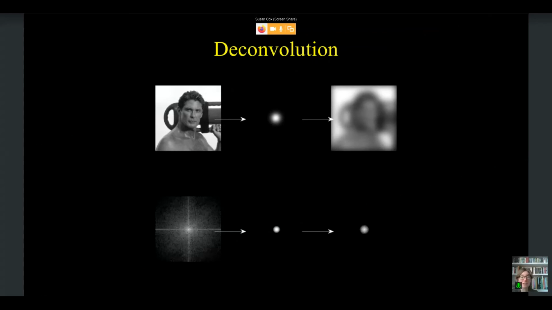So in Fourier space on the bottom row, I'm taking the Fourier transform of David Hasselhoff and multiplying it by the Fourier transform of the point spread function. What I get out, which is the 2 images on the right-hand side, is a blurred image and a Fourier transform which has less information at high frequencies. And that's why the area outside is all black at high frequencies.